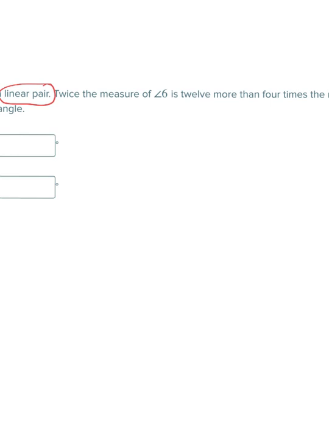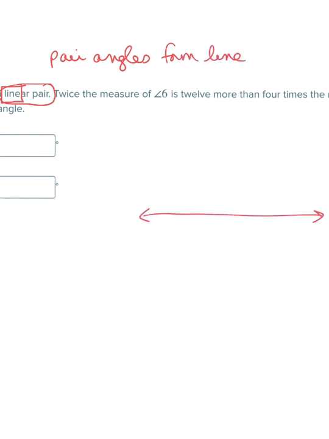But for a linear pair, if you notice, the first 4 letters of linear is line. So a linear pair is a pair of angles that form a line. So if I have a line, I can draw my picture. I have a line, and it doesn't matter which way the arrow points. I just need to show that I have 2 angles that form a line.